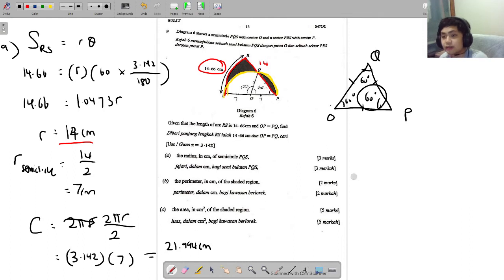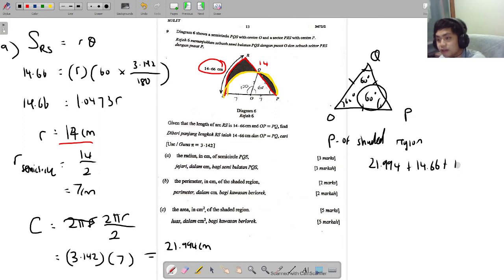So we can just add up everything. The perimeter of the shaded region is 21.994, which is the yellow one, plus 14.66, which is given, plus 14, which we have counted just now. So that is 50.65 cm. Right. So part B done.